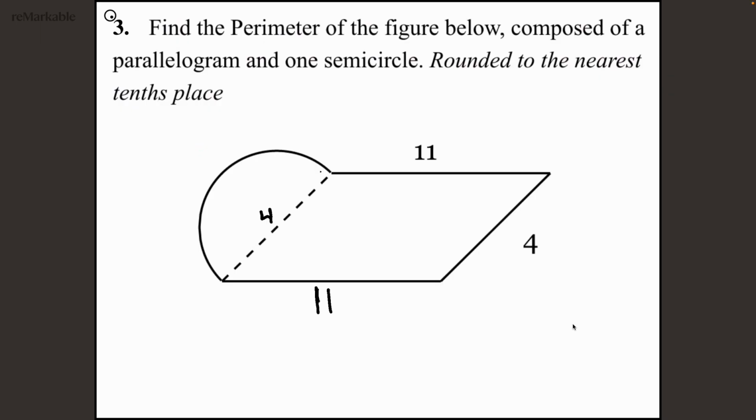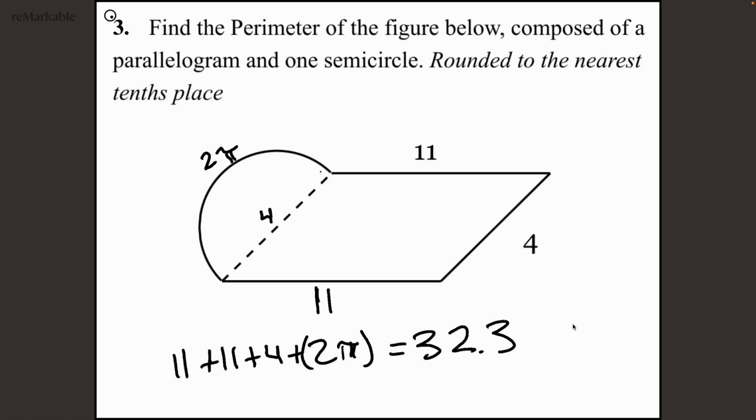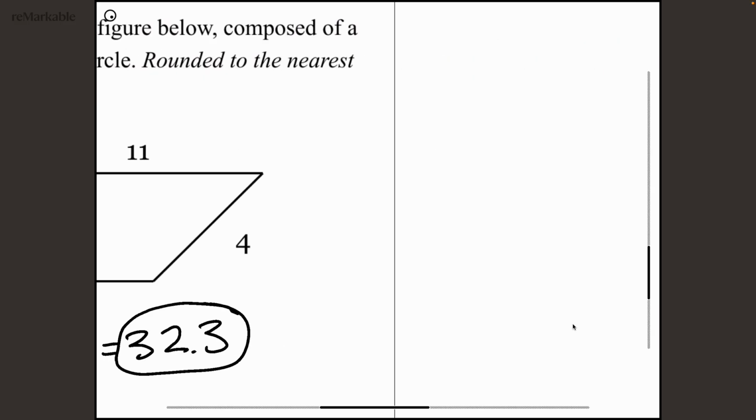It's what? 2 pi. So I need to do 11 plus 11 plus 4 plus 2 pi in parentheses. And what do we get?